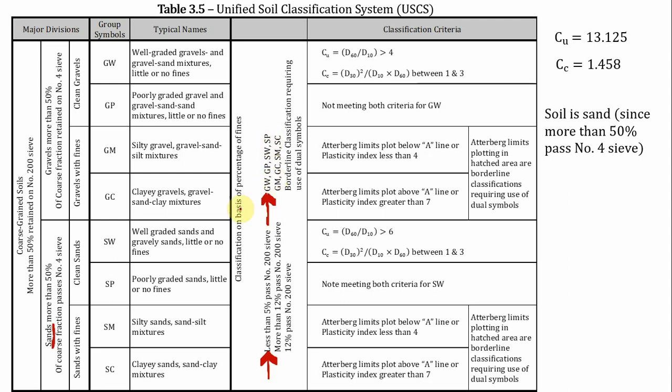So, therefore, si GW is wala dito sa apat, kasi yung possible answer natin is itong apat na to. At sinabi dito, yung possible answer sa kategorya niya is GW, GP, SW, and SP. And GW and GP, wala dito. Yung group symbol ng class na meron dito is only the SW and SP.